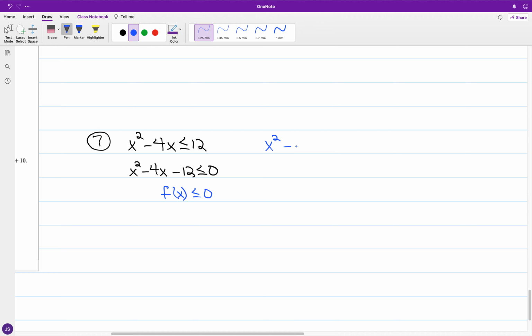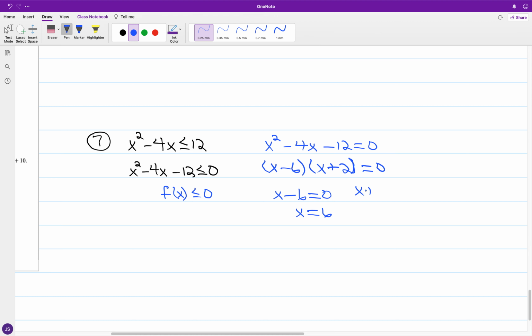If I set x squared minus 4x minus 12 equal to 0, we have the factors x minus 6 and x plus 2 equal to 0. If x minus 6 is the zero factor, we have x equal to 6.